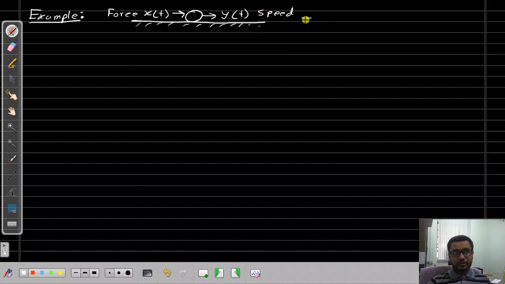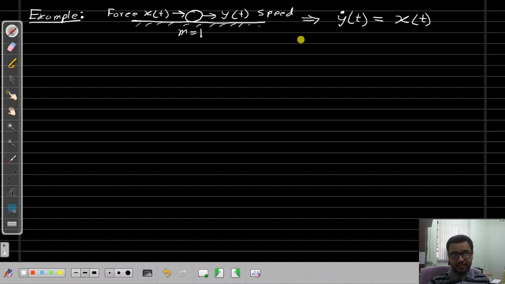Therefore, the relation between input and output is like this. The derivative of speed is equal to the force. Take mass to be equal to 1 for simplicity.